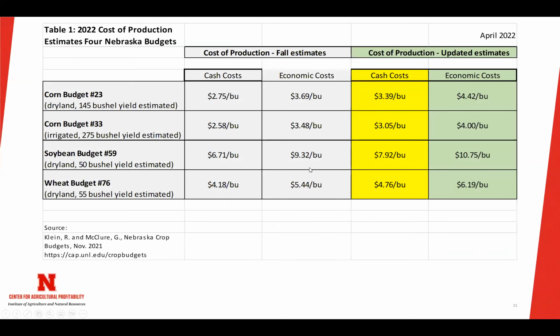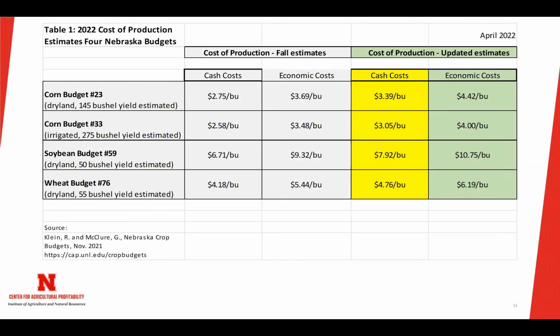So again, we did our budgets last fall. Normally we'll be working on the 2023 budgets coming up here soon. I work with crop specialists, identifying prices and costs, and then putting those budgets together. So we had our fall estimates, and then several times through this last year, I've gone in and increased the fuel and changed the fertilizer and chemical costs.